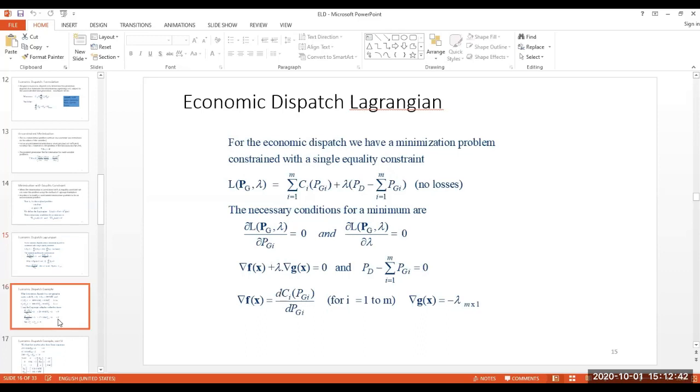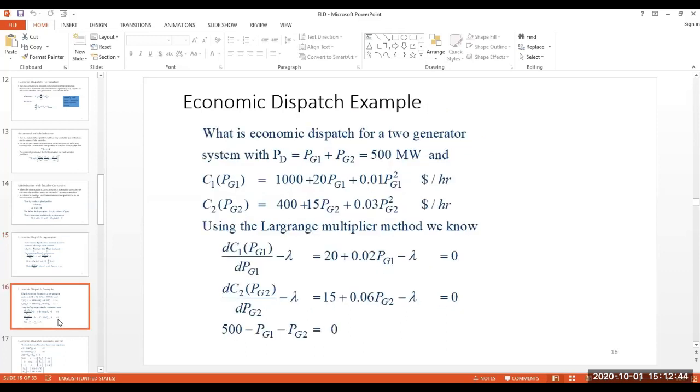I explained it in one of the earlier classes. In this slide number 16, C1 is a pure function of PG1. It has nothing to do with PG2. Whatever generation is provided from generator number 2, it is in no way going to affect the cost for generation 1 and vice versa.